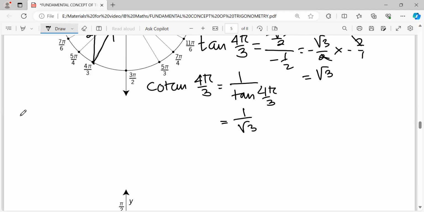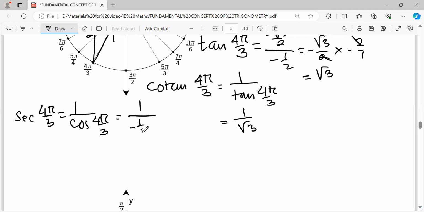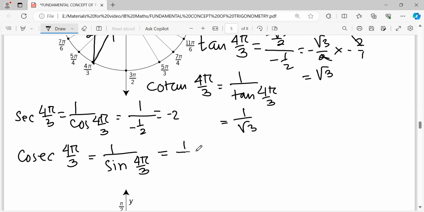Next for secant 4 pi over 3, 1 over cosine 4 pi over 3, 1 over minus half equals minus 2, and cosecant 4 pi over 3 is 1 over sine 4 pi over 3, 1 over minus square root 3 over 2.